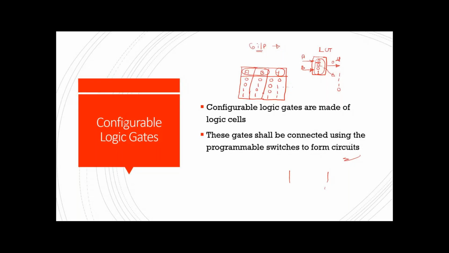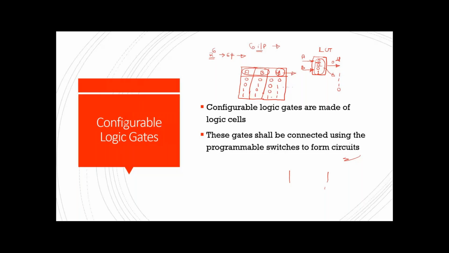You just need to see that with 6 inputs, 2 power 6, you have 64 combinations in the lookup table. You just need to see what those 64 possible outputs, that is Y, should be to make that circuit.